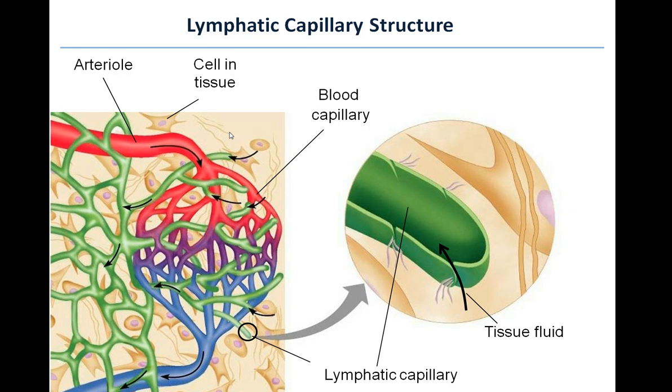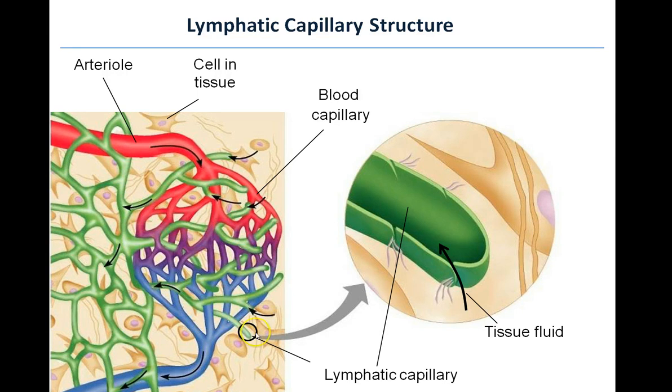There it becomes interstitial fluid. That interstitial fluid must be recovered to maintain fluid homeostasis. So what we have here is this network of lymphatic capillaries, and fluid that's in the tissue spaces will enter the lymphatic capillaries and be directed and channeled back towards the cardiovascular system.